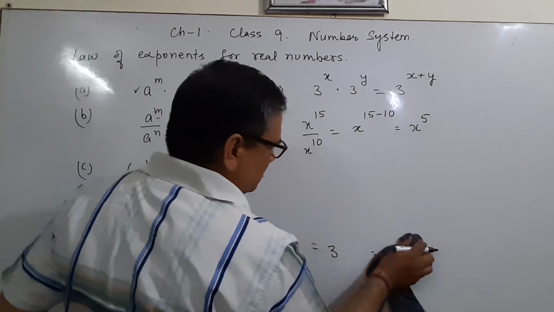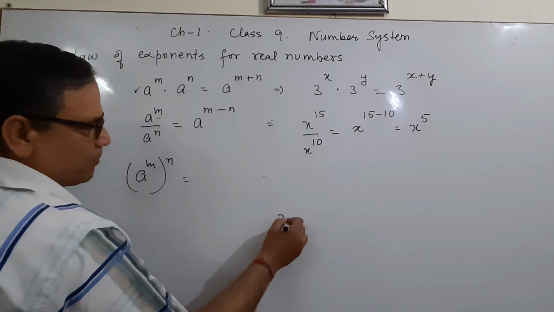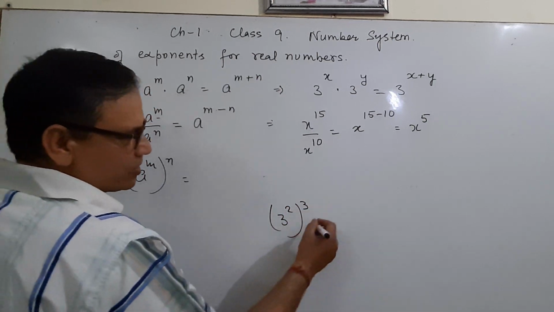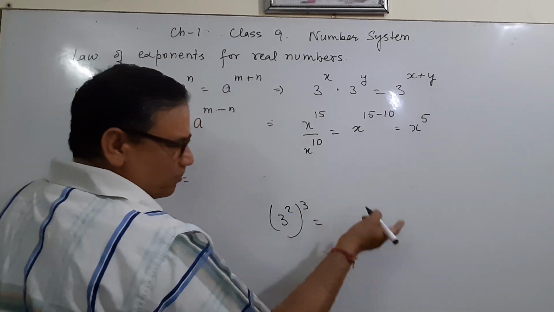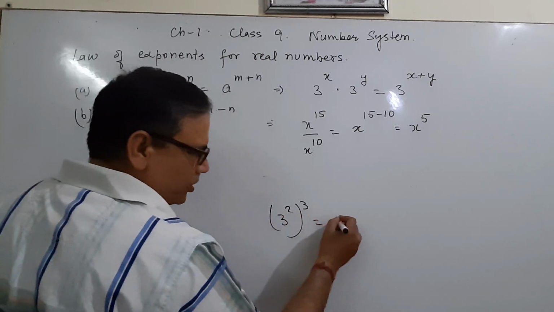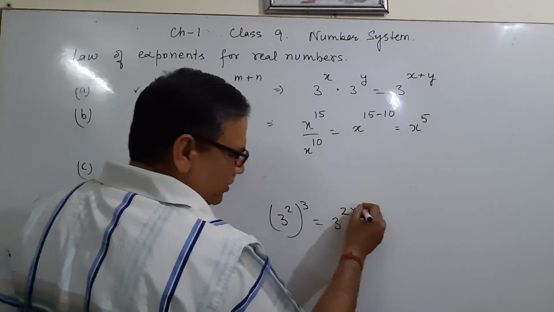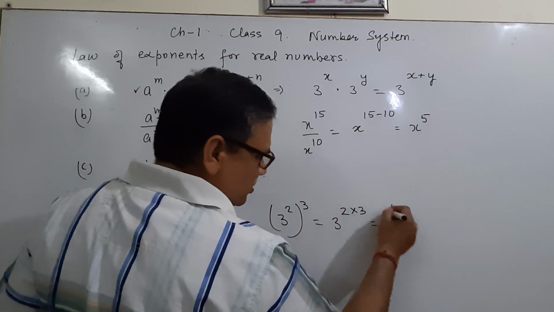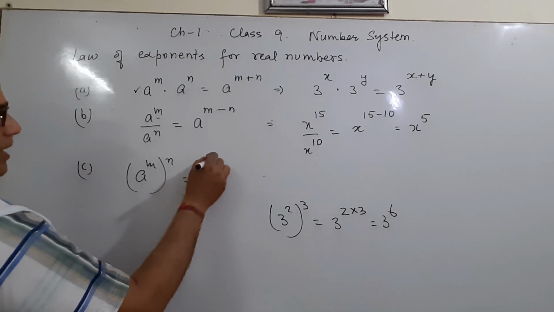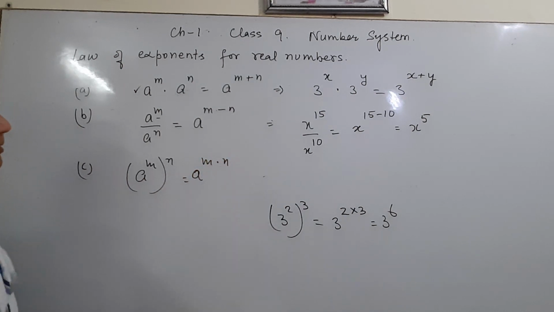So we can write 3 power 2 whole power 3, and your answer was 3 power 6. Then we have to multiply the powers directly: 3 power 2 multiply 3 is equal to 3 power 6. And what is the answer here? a power m into n. This dot represents the multiplication.